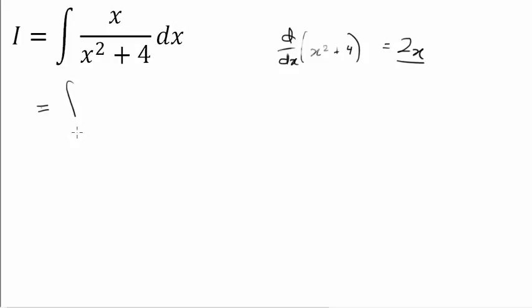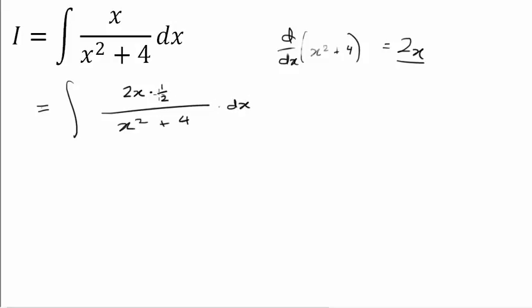What we're going to do is multiply the numerator by 2, so we'll get 2x, right? But at the same time, I have to multiply by half so that it remains the same. Simple enough. And that is all over x squared plus 4 integrated with respect to x, okay?